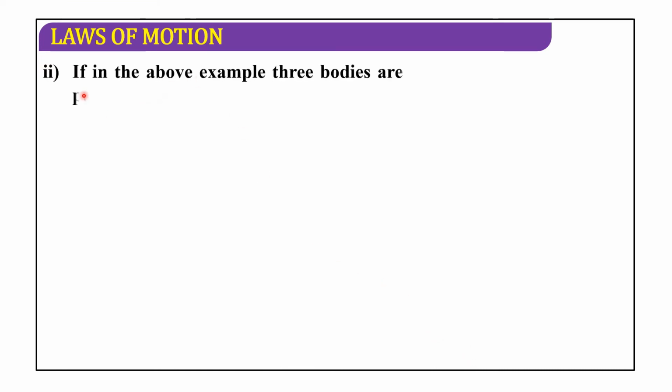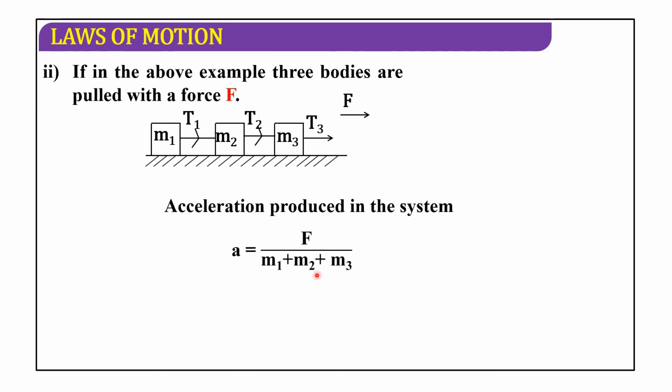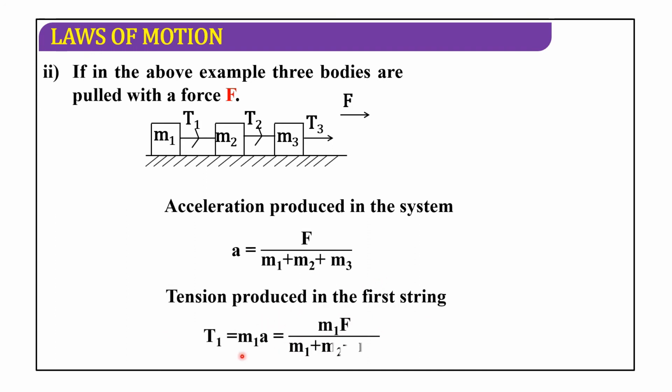Second one, in the above example, three bodies are pulled with a force F. See this, three bodies are pulled with a force F. Then acceleration produced in the system A is equal to F by M1 plus M2 plus M3. So tension produced in the first string T1 is equal to M1A, that is equal to M1F by M1 plus M2 plus M3.